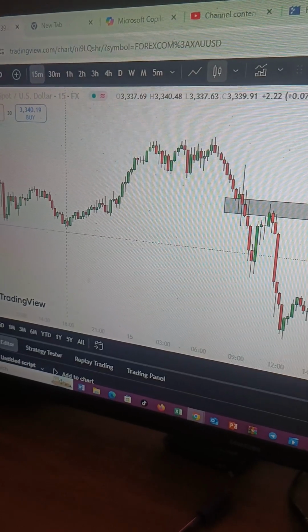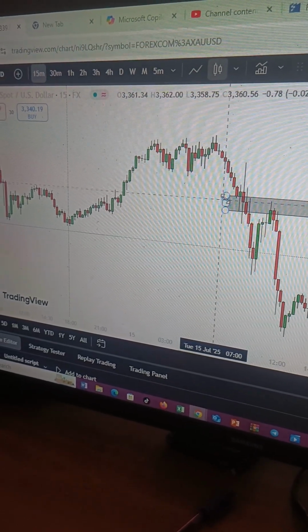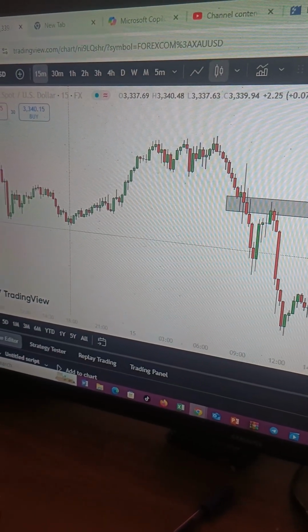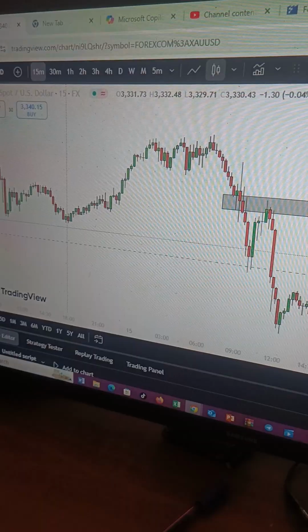So one thing is we have this resistance, right? The best way to draw this resistance is to draw. I don't know if I'll be able to draw well.